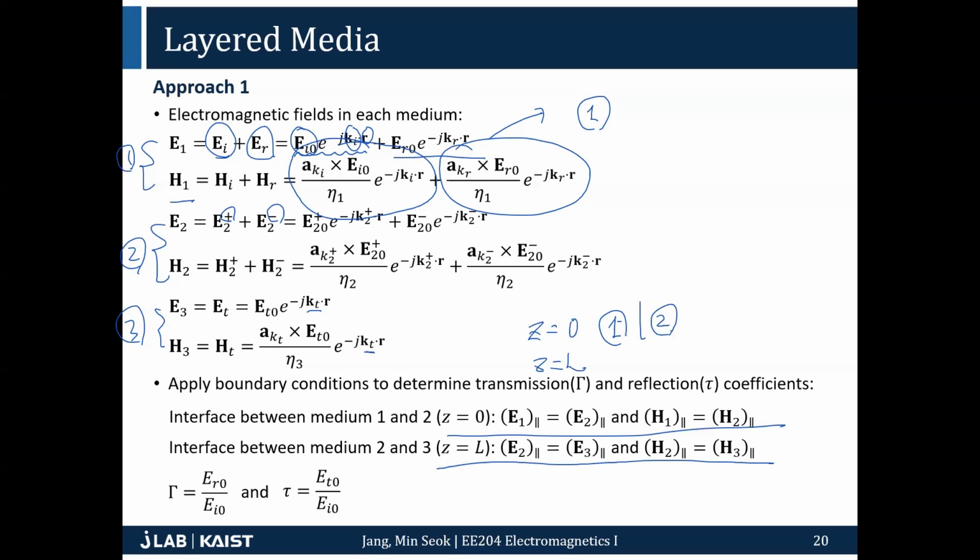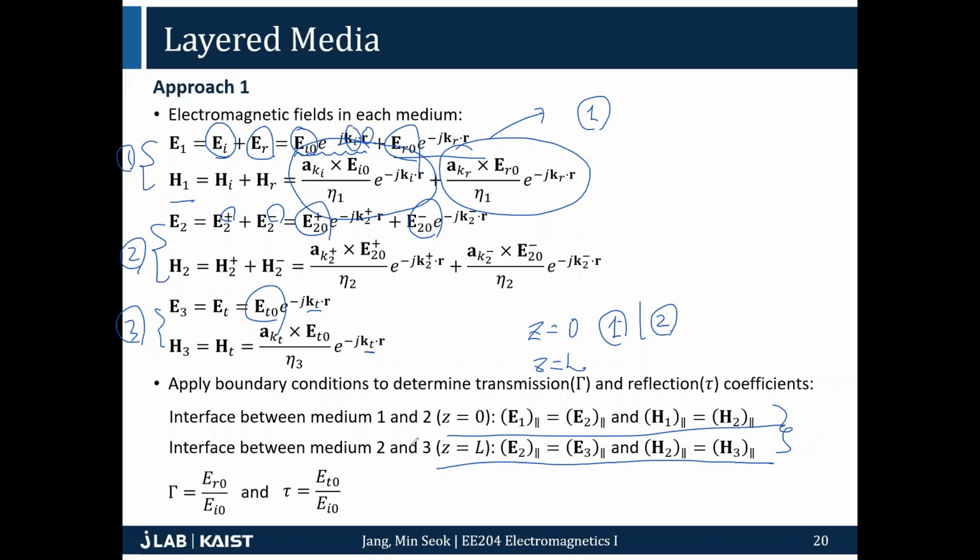Now we know that you have 4 unknowns: E_R naught, E2 plus, E2 minus, and E_T naught. 4 unknowns, right? And you have 4 boundary conditions. So you can solve it. 4 boundary conditions, 4 unknowns. If you make equations, you get the solution.